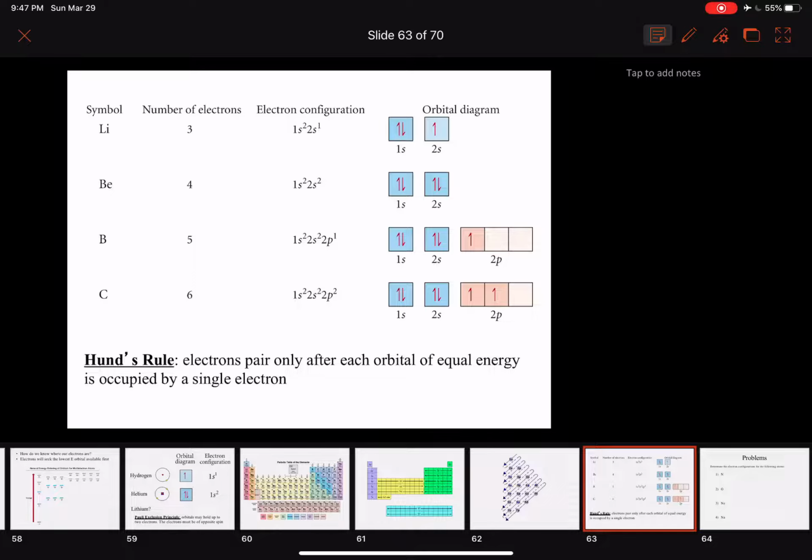So when you open up the second shell, you get the 2s that can hold 2 electrons, and then the 2px, the 2py, and the 2pz that can all hold 2 electrons each.